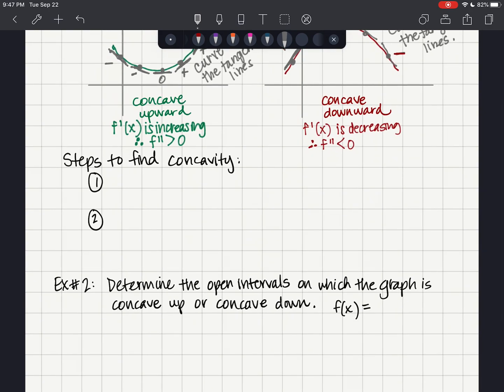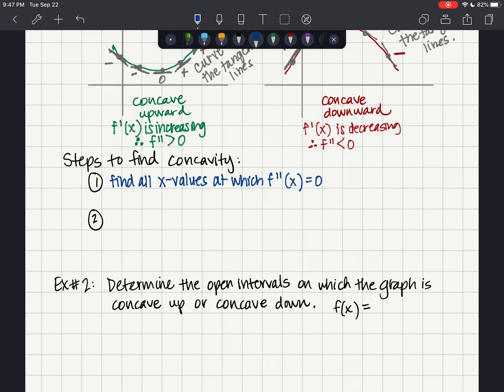So now here are the steps, and this is going to be the big part here, is just memorizing these steps and how you go about doing the tests to find your intervals of concavity. First thing is that you want to find all the x values at which the second derivative is equal to 0.